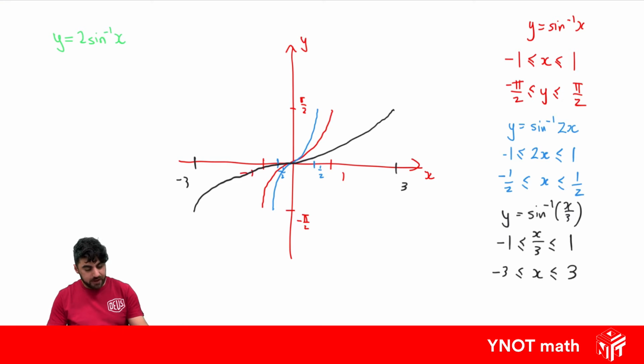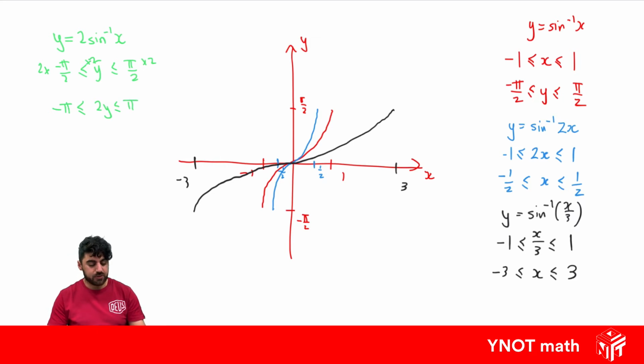Our range is normally from -pi on 2 to pi on 2, but now we want to multiply everything in our range by 2. So we times everything by 2, and we get -pi is between 2y and pi.